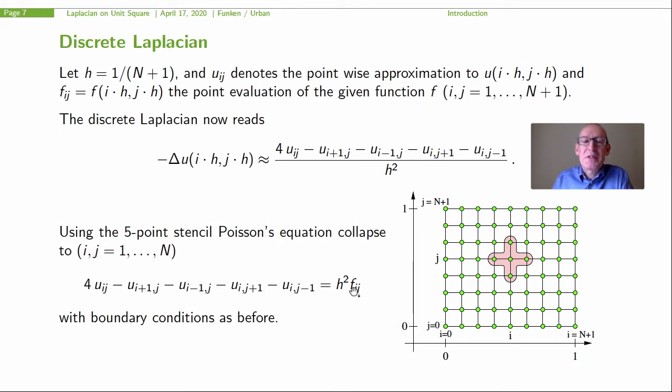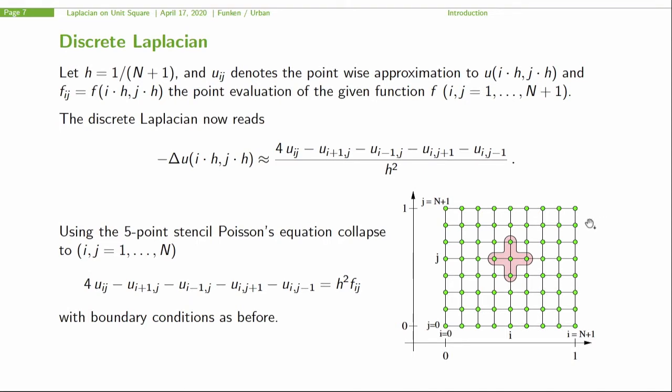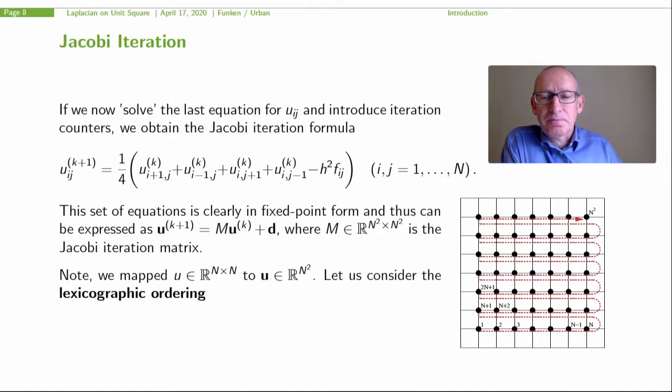So we end up with n times n equations in all n squared unknowns. Now if we would like to update u at the indices ij, we move everything to the right, and this gives some kind of Jacobi iteration scheme.